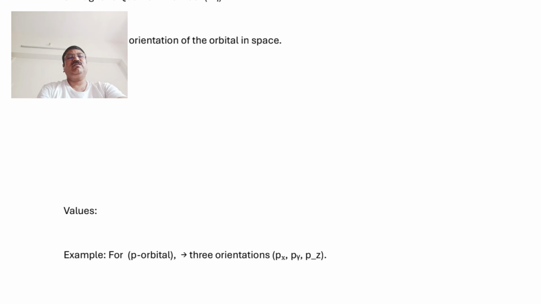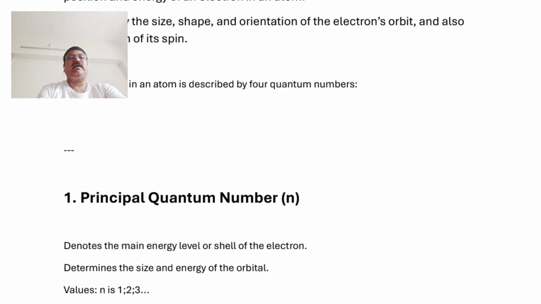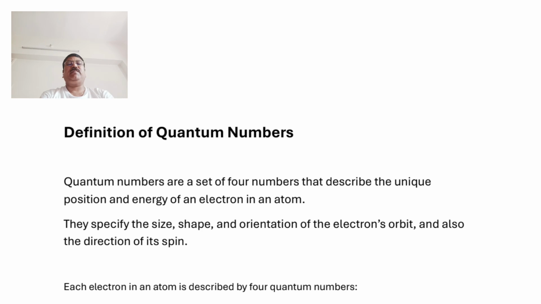We again repeat slowly what the four quantum numbers are and how they are explained, one by one. No doubt quantum numbers are four sets of numbers which explain the energy level of atomic orbitals, the shape of the atomic orbital, the size of the atomic orbital, and the orientation of the atomic orbital.